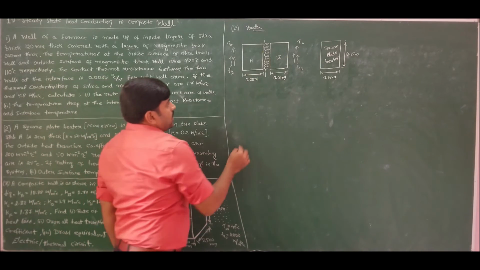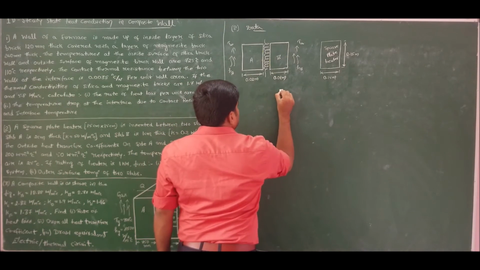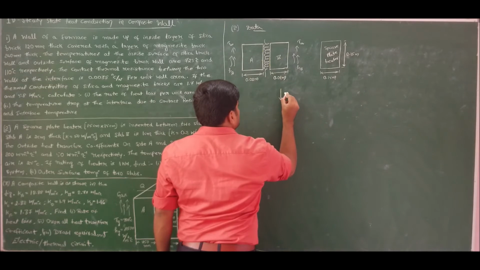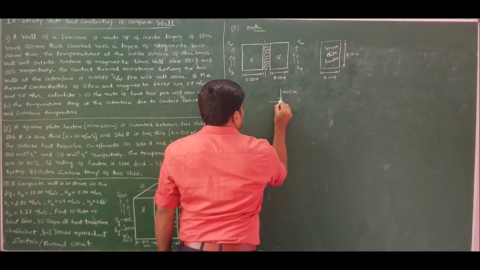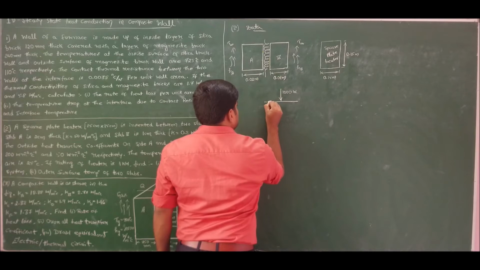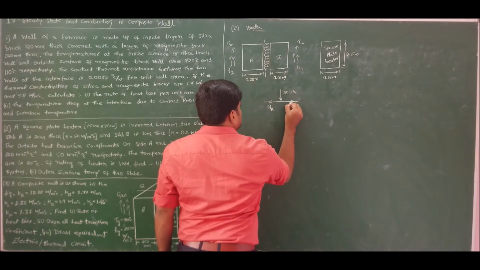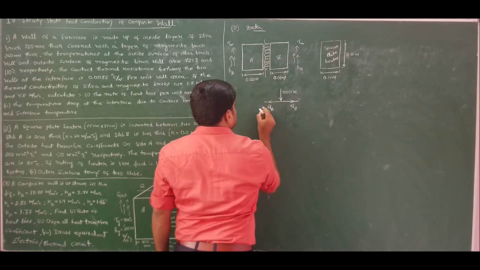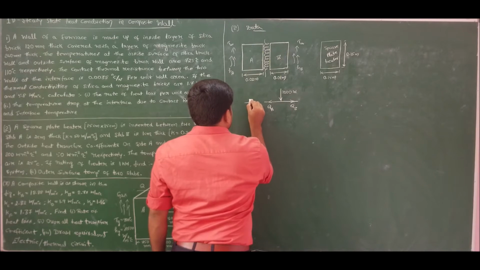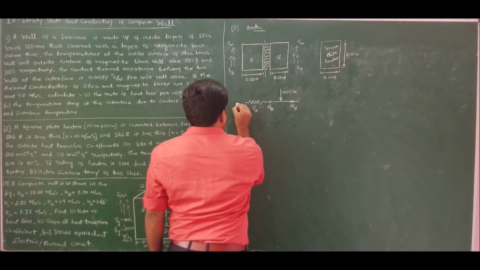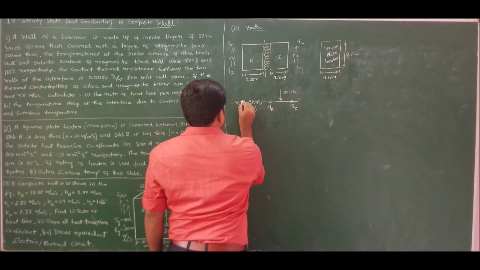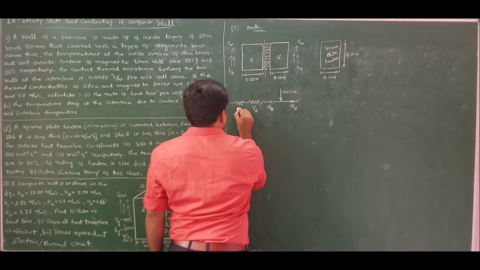Therefore, if I write the equivalent electrical circuit for this, there is heat coming from the heater which is 1000 watts, and it is moving to two sides, that is, it is traveling to QA and QB. Now we have the resistance due to conduction of slab A, that is RA, and the resistance due to convection at the outer surface to ambient, let us take it as RHA.